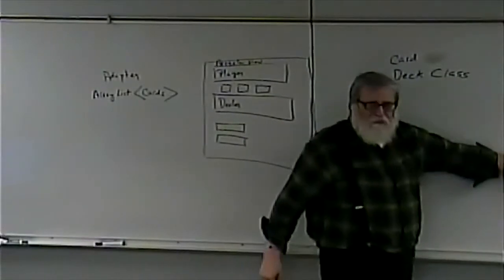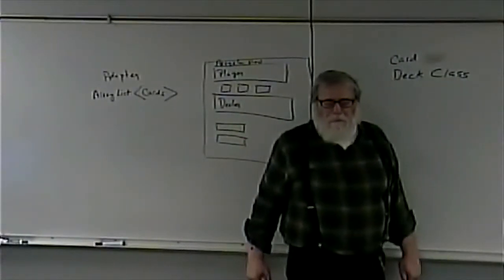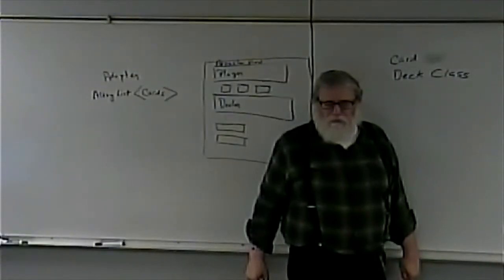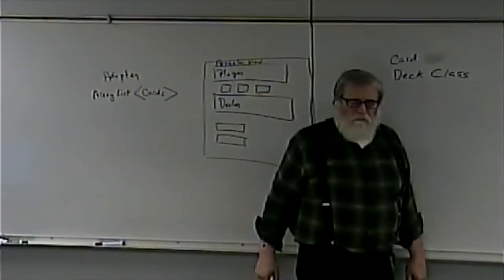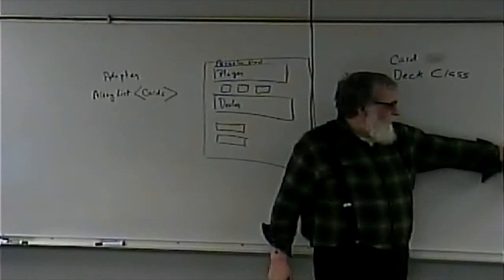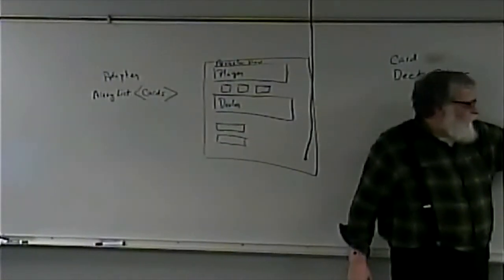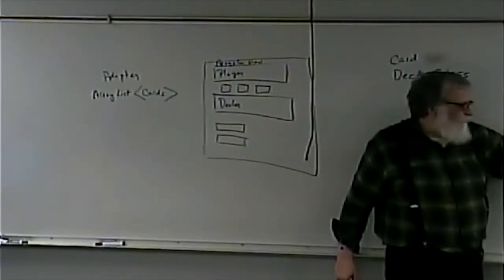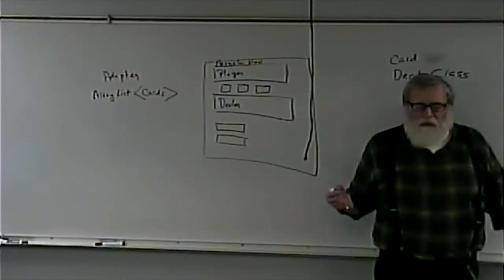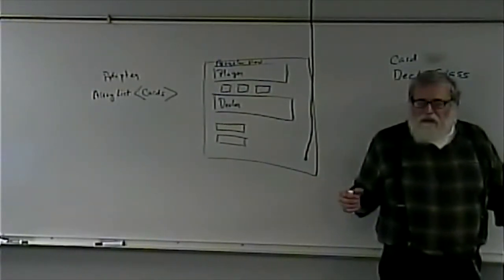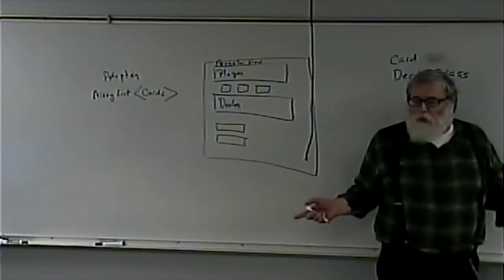What's the code for this function going to look like? What's it going to do? Exactly. It's going to call score hand for the first hand. It's going to call score hand for the second hand. So it has two values. It will look to see if one of them's over 21.